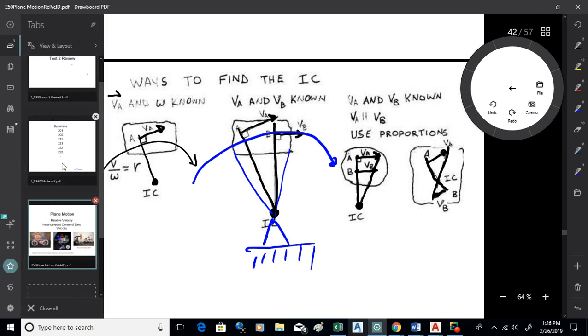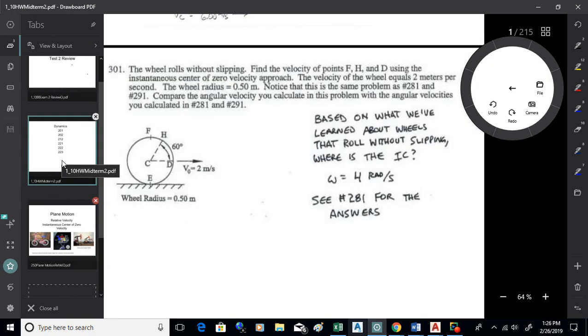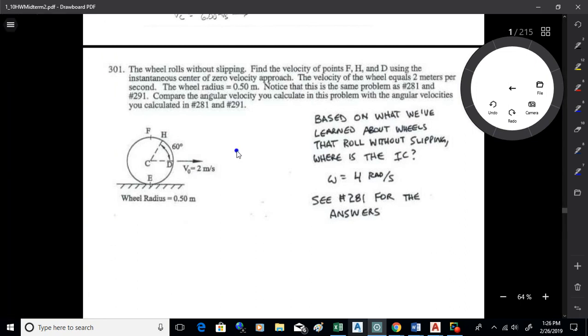So when you look at this first one here, what we have is this wheel that rolls without slipping, and that's the key thing. What's happening here is this point E on the wheel has a zero velocity, doesn't it? So what you can visualize there for just that instant is that's the instantaneous center, because it has a zero velocity, and you can think of that wheel as rotating about that point as though it's a pin joint just at that instant.